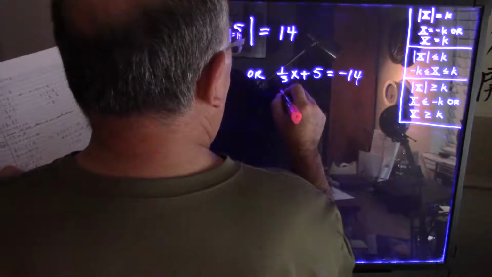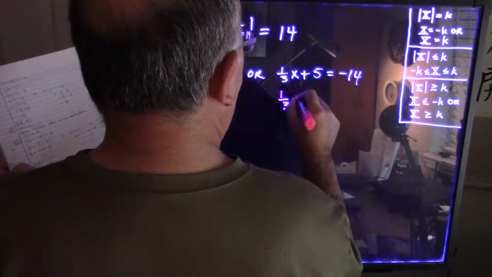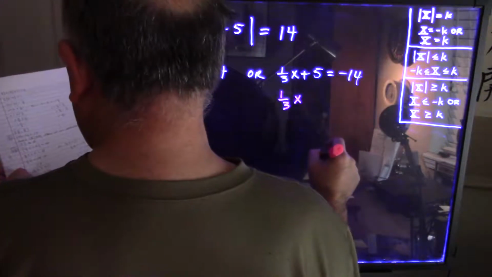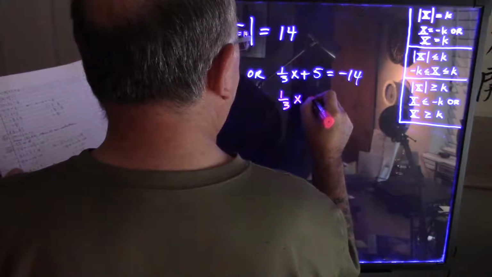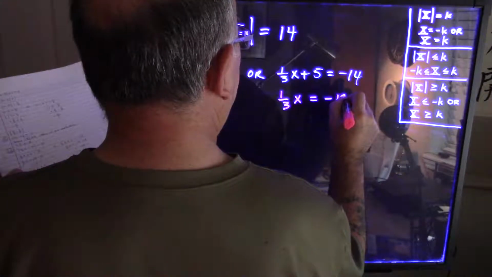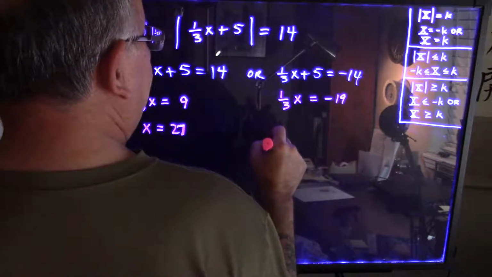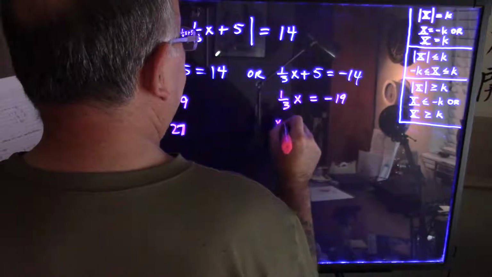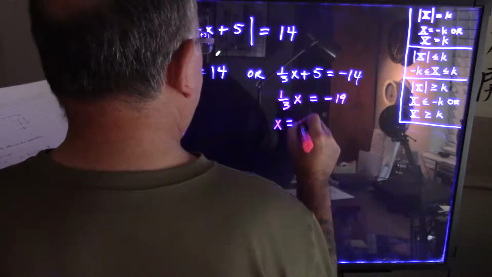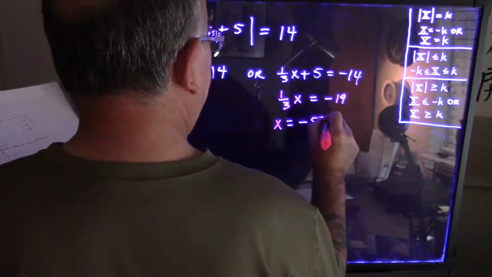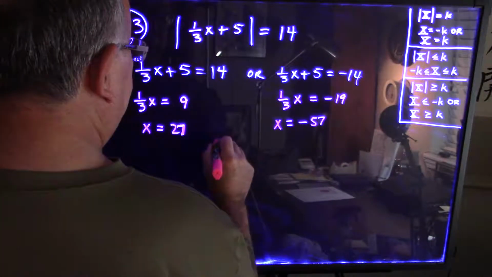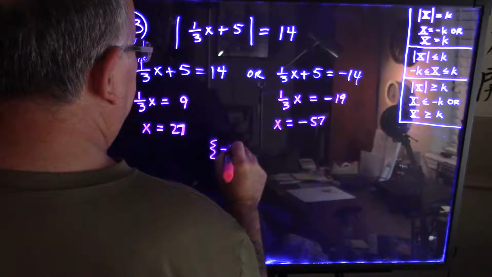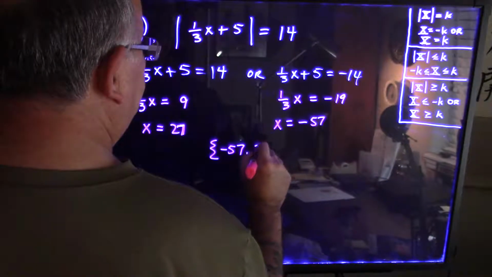Okay, over here you got 1/3 x, subtract 5 from both sides and you get negative 19. Then you multiply both sides by 3, so you get x equals negative 57. So the solution set, negative 57, 27.